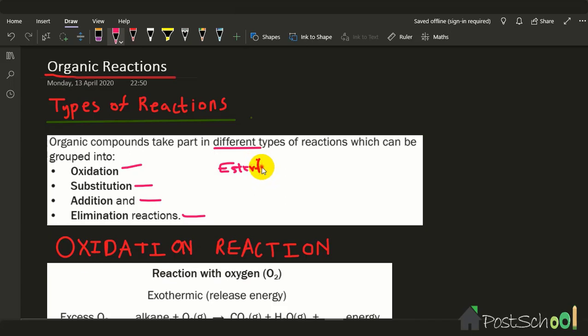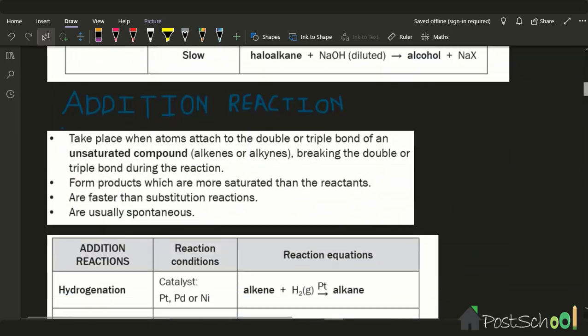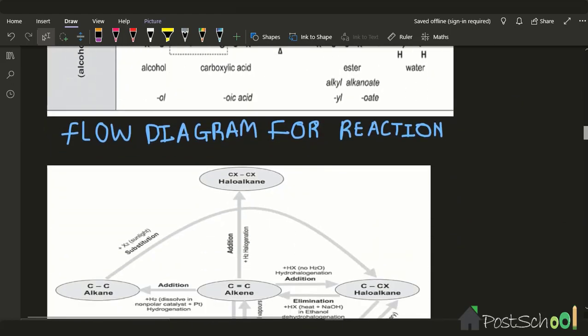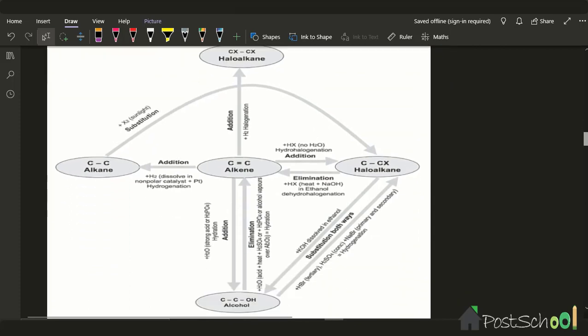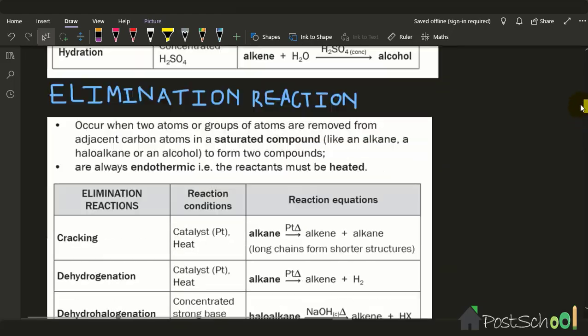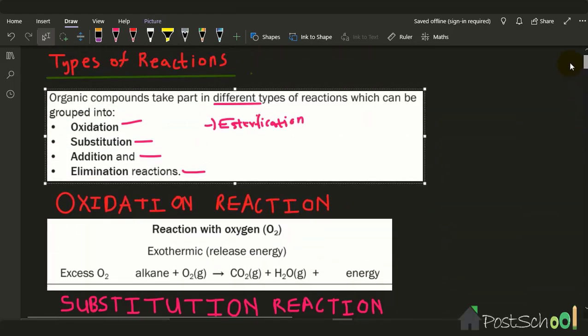I-process yakhona esterification. So focus kona konke, so explainer ukuthi asebenza kanjani. Now addition, elimination, esterification, and then we explain the flow chart, and then we move on to just a quick exercise ukuthi nje si apply ukuthi sibone sisebenza kanjani.